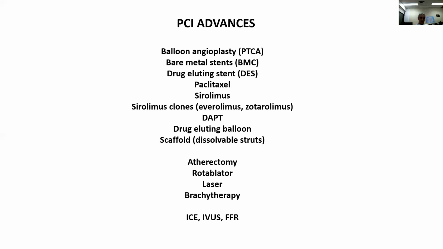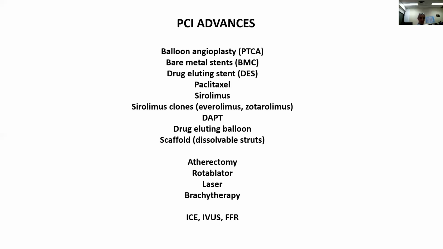The major advances in PCI, again, it's more for general knowledge, but you need to be aware of all this in your professions. Balloon angioplasty, PTCA, percutaneous transluminal coronary angioplasty, followed by stent deployment with bare metal stents, BMS, or drug-eluting stents. Sorry, that should be a BMS. Apologies.